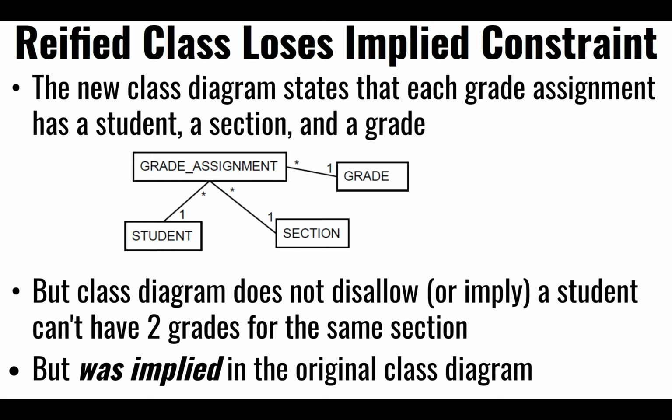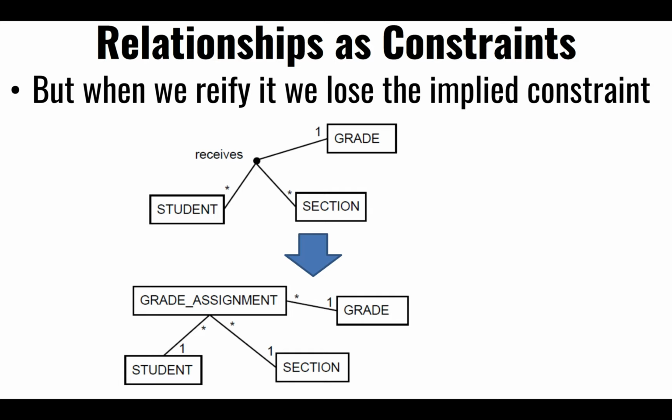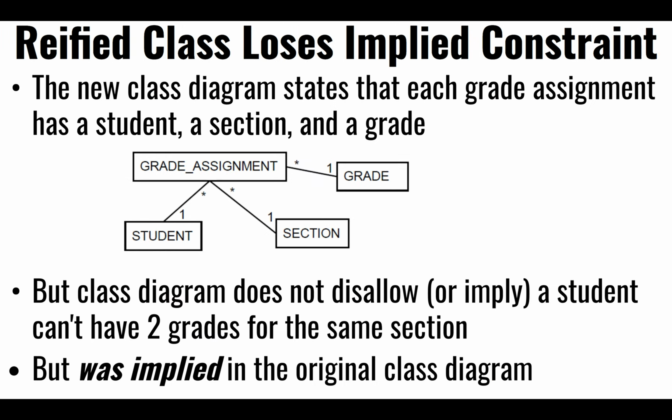That for the same section, the same student got two different grades, that makes no sense. So we somewhat lost the implied constraint that was in the conceptual diagram. We lost it when we made it more concrete, when we were about to go in and implement it. So the implied constraint did not make it into the resulting concrete diagram.